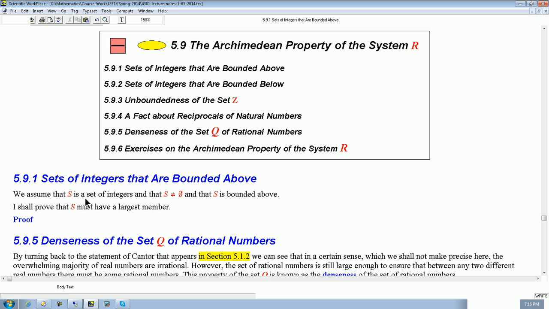So I'm going to prove this, and I'm going to use a contradiction proof. I don't have to, but I think it's about time. I never use a contradiction proof without saying so.